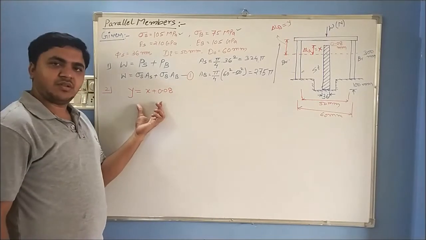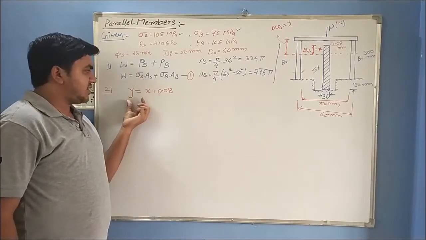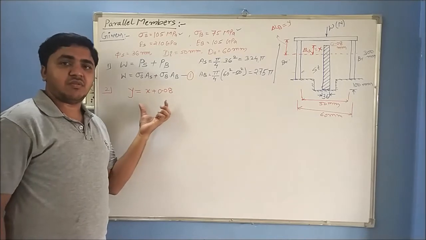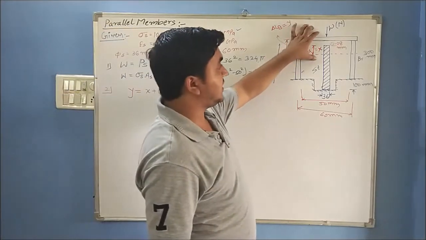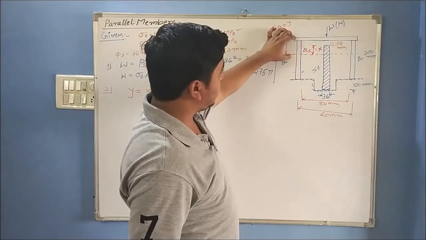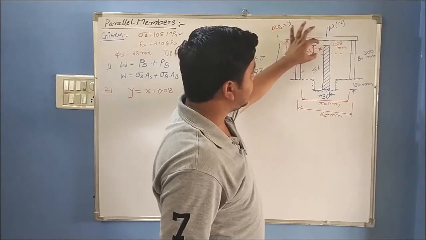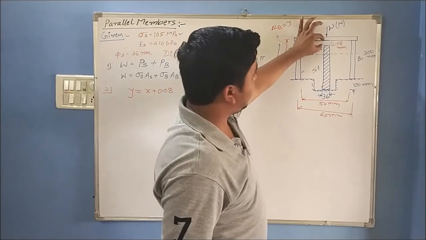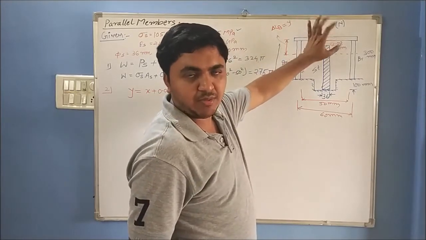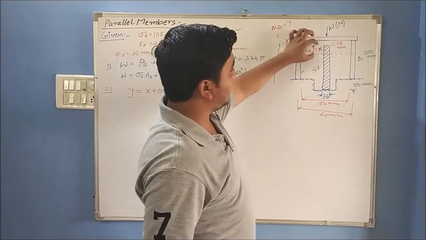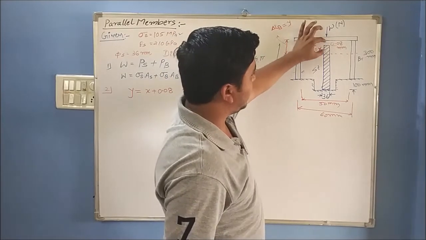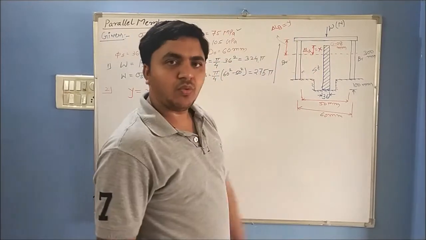This is the deformation equation we have formed based on this diagram. The total deformation of the brass tube is y, the total deformation of steel is x, and the gap is 0.08 mm. So y is equal to 0.08 plus x, which you can see very clearly there.